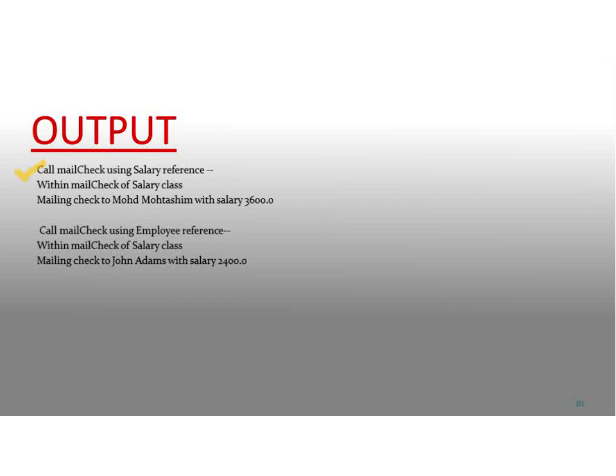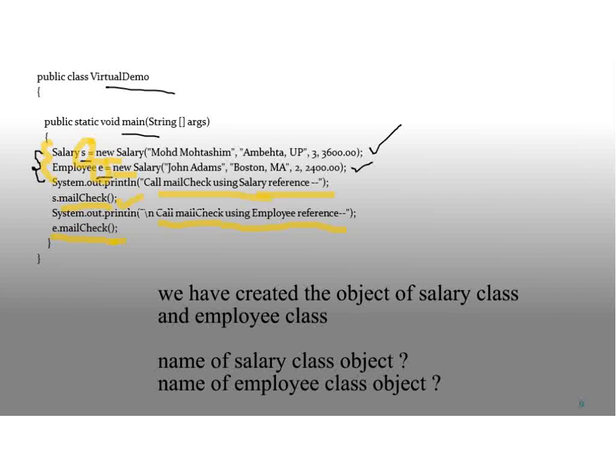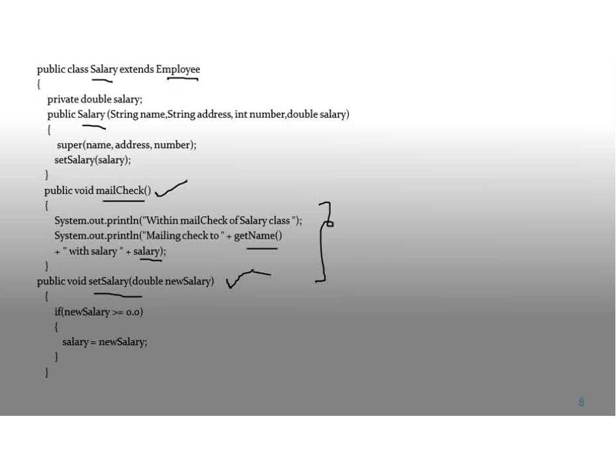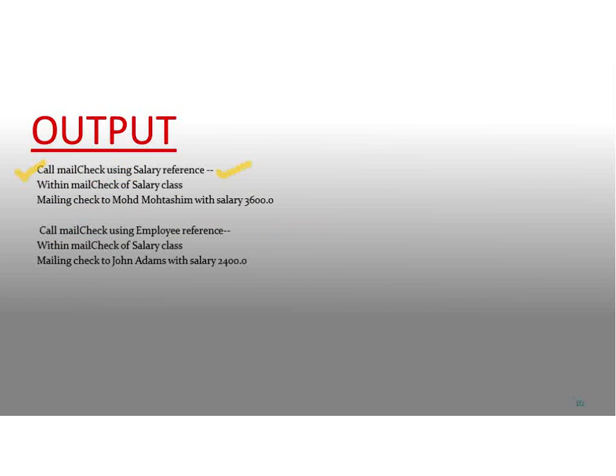First of all, we have call mail check using salary reference. Why? Because we have this statement. This statement is a string, because anything which is enclosed within double quotes is treated as a string. So this will be printed as it is.